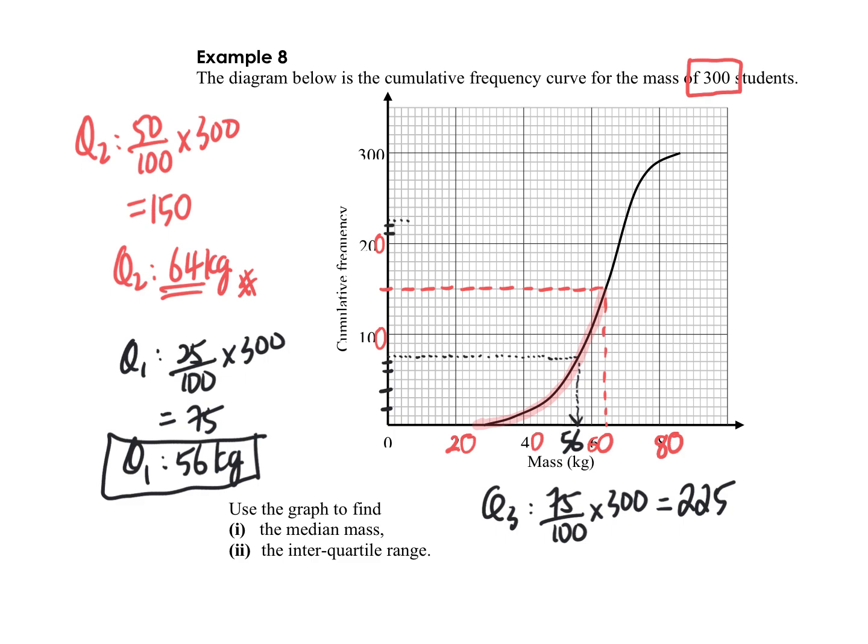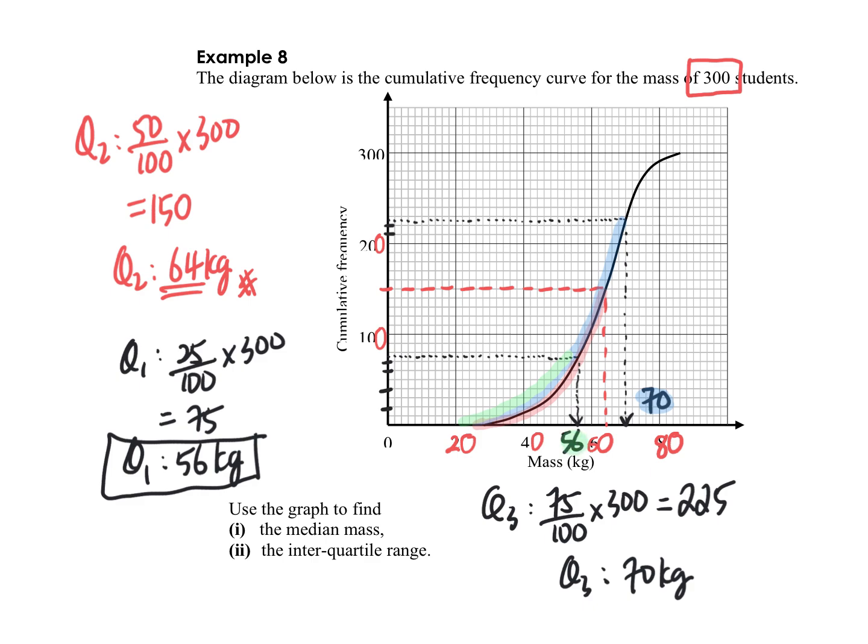So 225 is here. Each box is 10. Go and read. It's exactly at the correct marking. I think it's at 70 kg. So 75% of them has 70 kg or less. 25% of them has a mass of 56 kg.